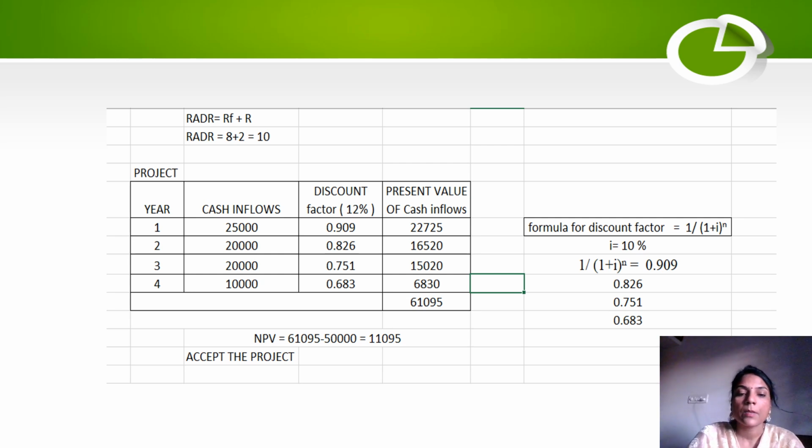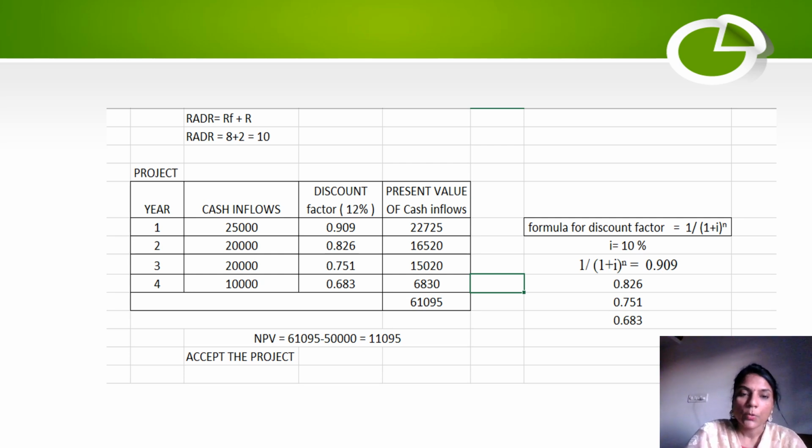The project having the highest NPV should be accepted, which will be beneficial for the company. So if it is an independent project, NPV should be positive. If it is mutually exclusive, meaning when you are comparing two projects, the project having the highest NPV should be considered.